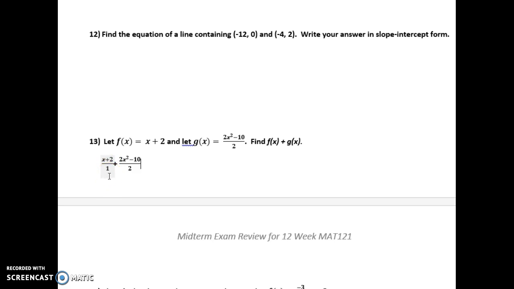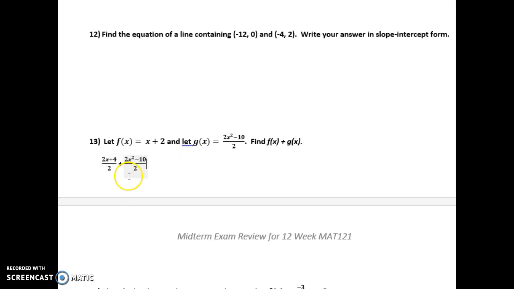And we don't even write the divided by 1 because when you divide by 1, it doesn't change the value any, so we just write x plus 2. But to view it as a fraction, we want to think of that denominator as 1. So to change it to 2, we need to multiply on bottom by 2, and also multiply everything on top by 2. So that'll give us 2x plus 4. Multiply everything on top by 2.